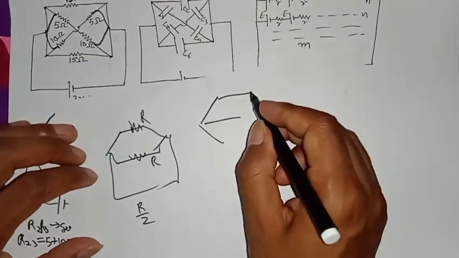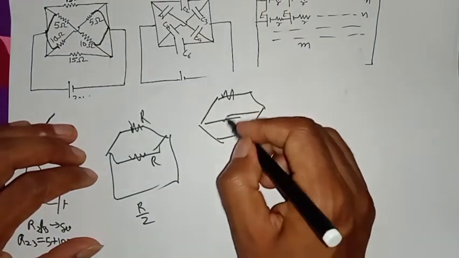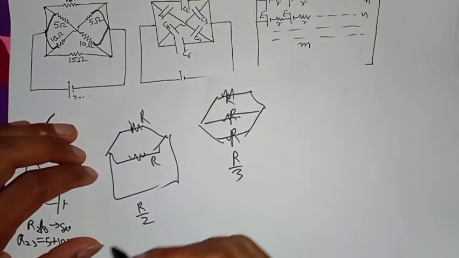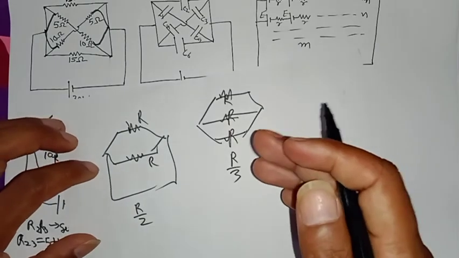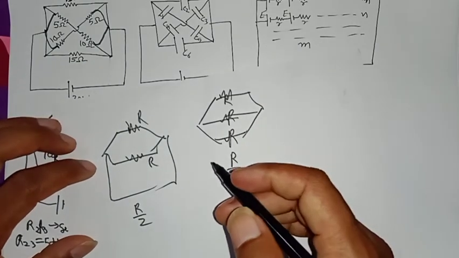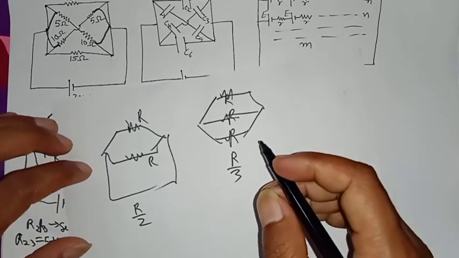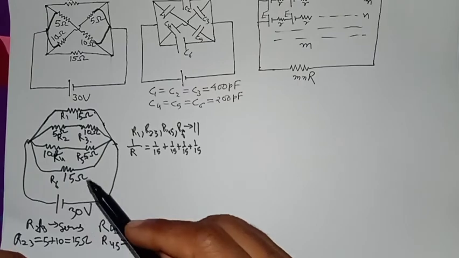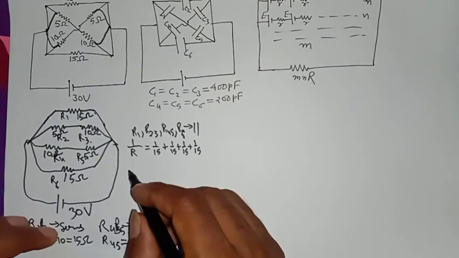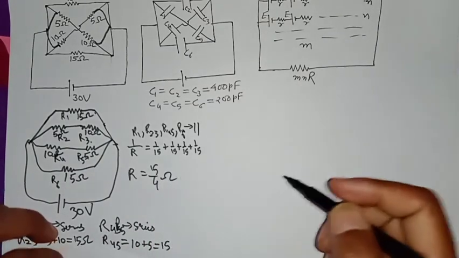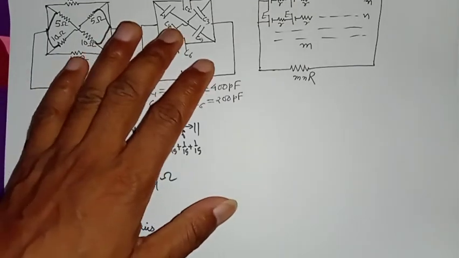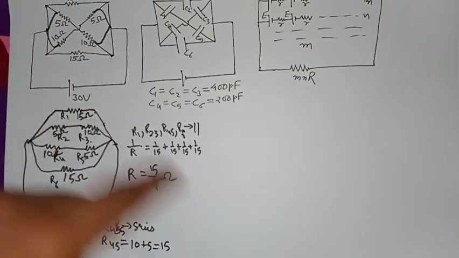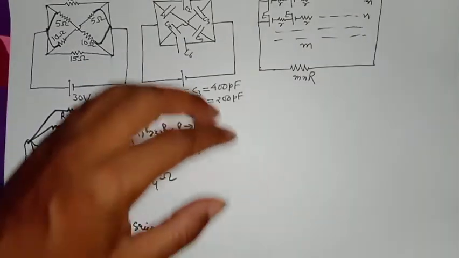If there are 3 R, then it will be R by 3. And whatever the number of resistors, if they are equal and in parallel, put the value of R divided by the number of resistors. So same here, 15, 15, 15, 15. You can do it directly: R equals 15 by 4 ohm. That's all. Okay, so you can do it here also. Remember, here the results would not be as pleasant as here. Okay, so I'm moving ahead.